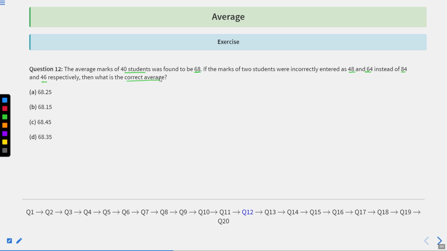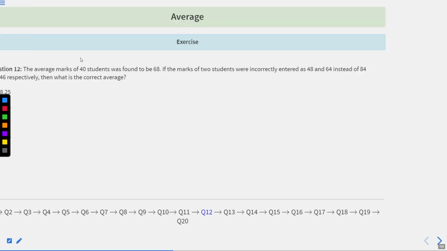In the previous question, the marks for only one student was incorrectly entered, but here we have two students whose marks are incorrectly entered. So we have entered 48 instead of 84 and 64 instead of 46. So what will be the corrected average?